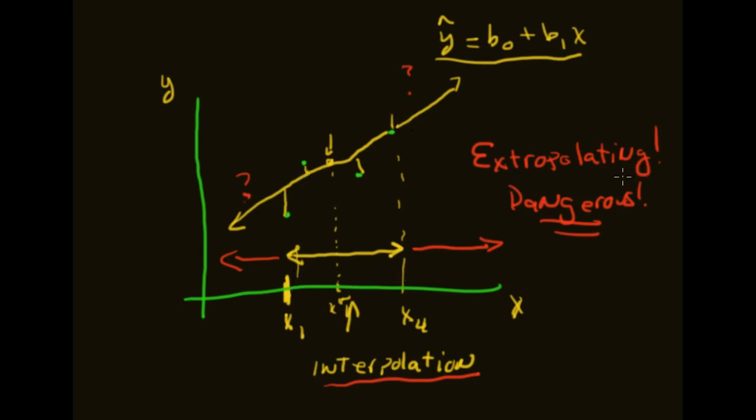So we're getting into this process called extrapolating. This is dangerous because it is likely to lead to bad conclusions or bad guesses. So we want to avoid extrapolating as much as possible.